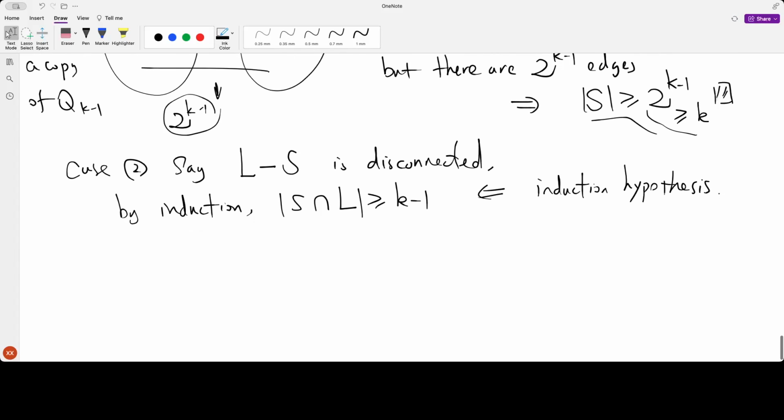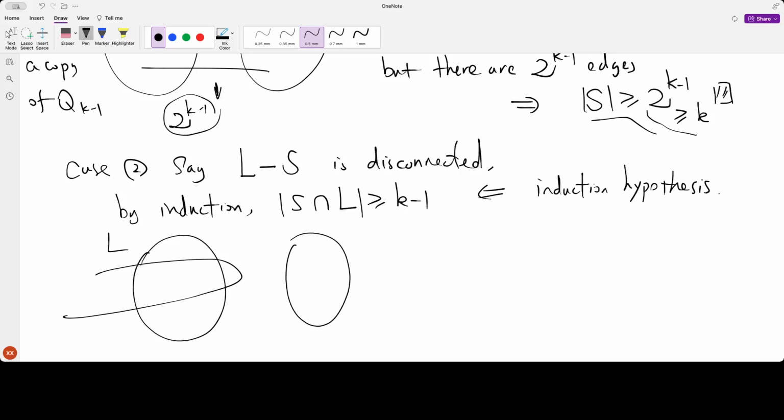Okay, if not, so here, for example, this L, and you delete S, somehow it becomes disconnected. This is S, for example. And suppose here, in part R, you don't have any vertex belonging to S. Then, using the matching, for example, here I have any vertex X here, any vertex Y here.